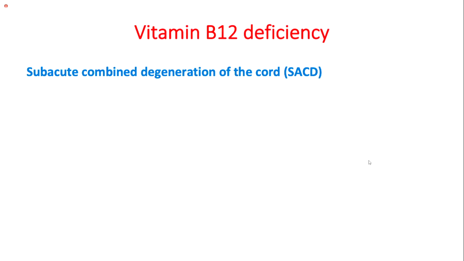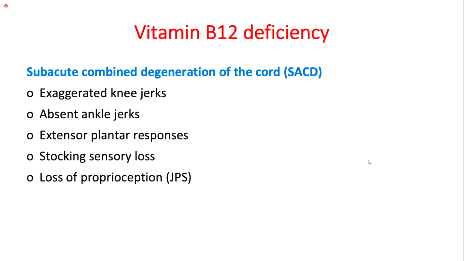What do you mean by combined? Combined means two or more. Degeneration of the cord. So there are several structures in the spinal cord that are affected over a subacute period, and that results in certain clinical manifestations. Now, this is the typical profile of a B12 deficiency, which is exaggerated knee jerks, but absent ankle jerks. Knee jerks are brisk, ankle jerks are absent.